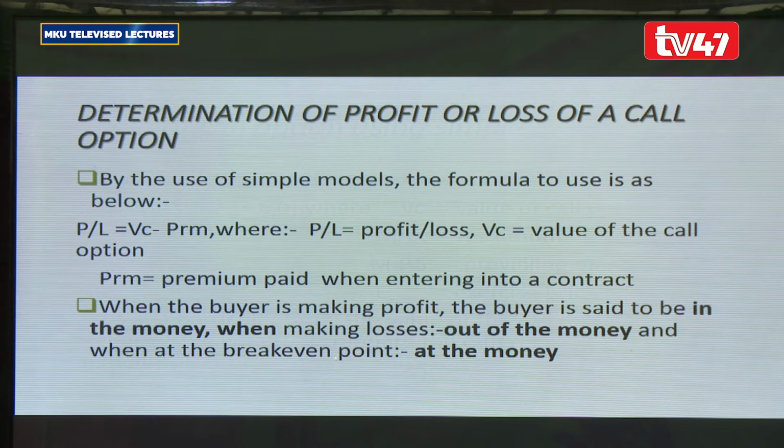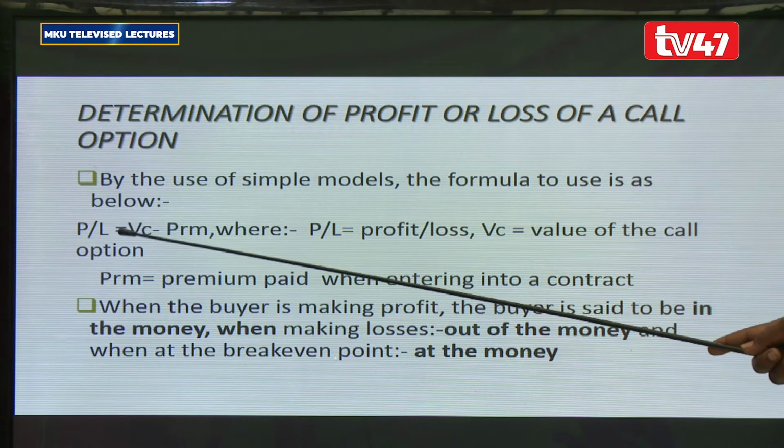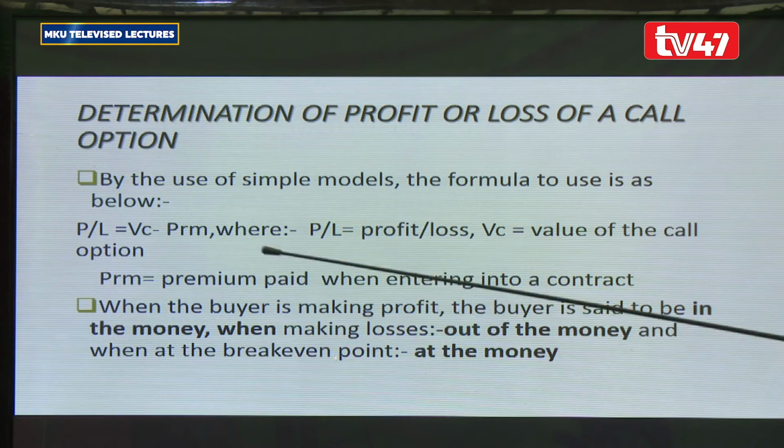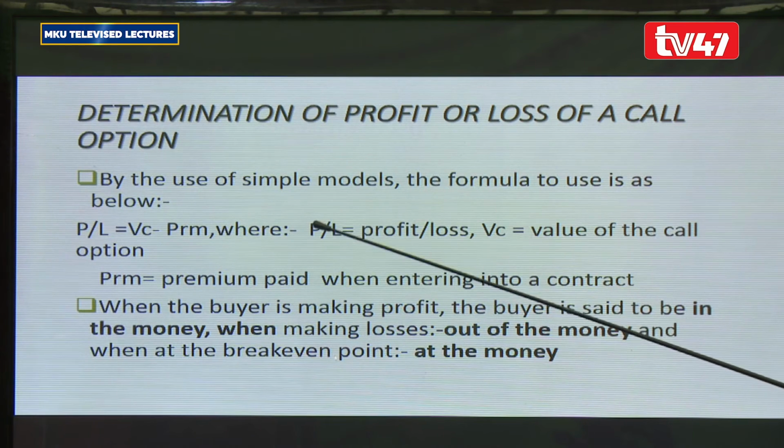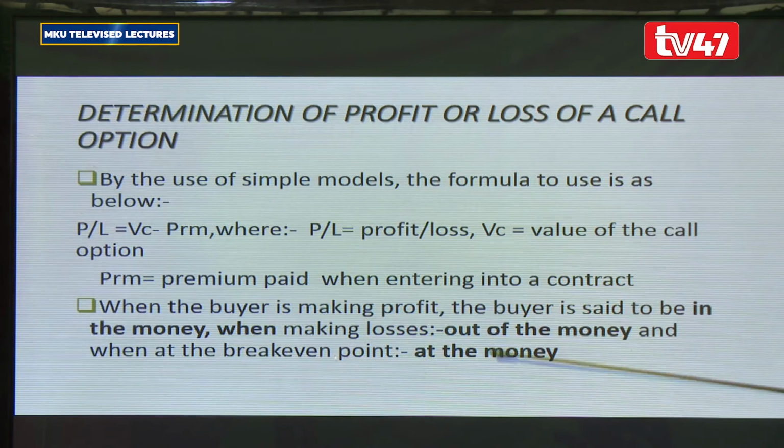This allows us to know whether the right holder is making a profit or a loss or is at a break-even point. Having worked out the value, we go ahead in determining profit or loss. And profit or loss is given by this formula. P/L equals VC minus PRIM, where P/L is profit or loss, VC, value of the call option, PRIM, premium paid when entering into a contract.